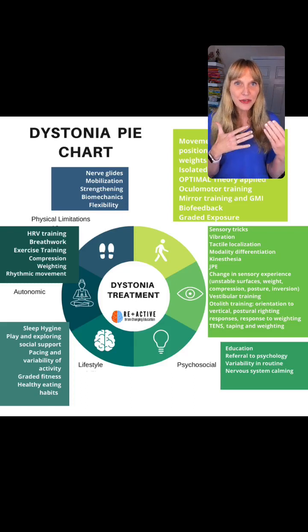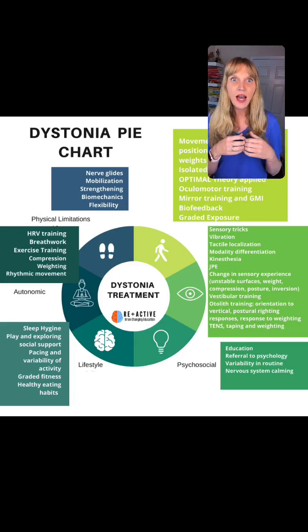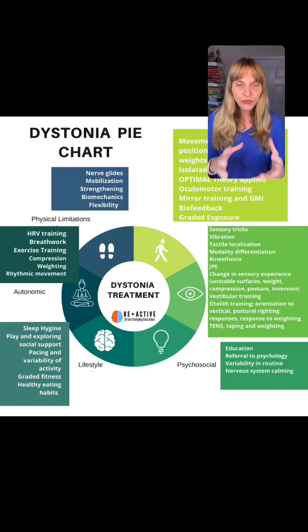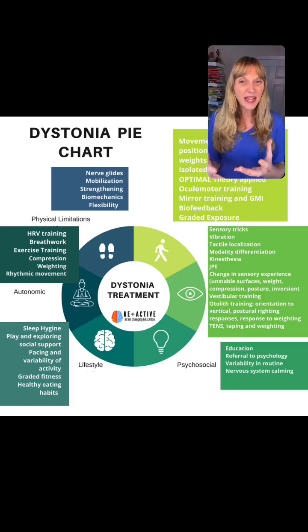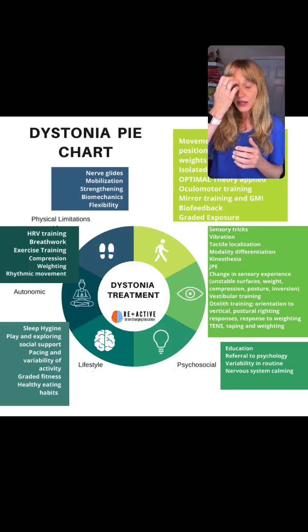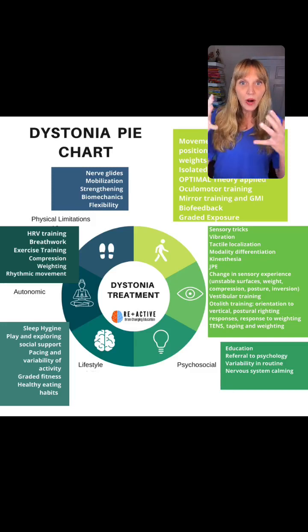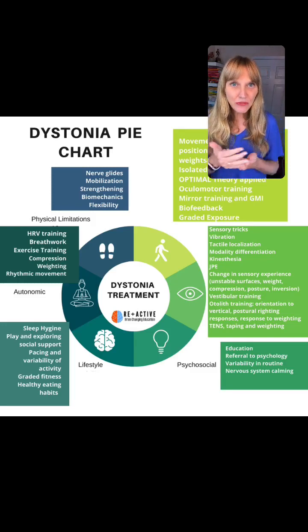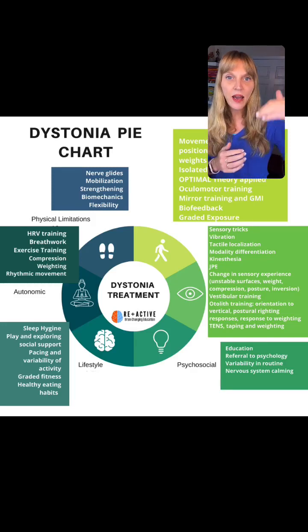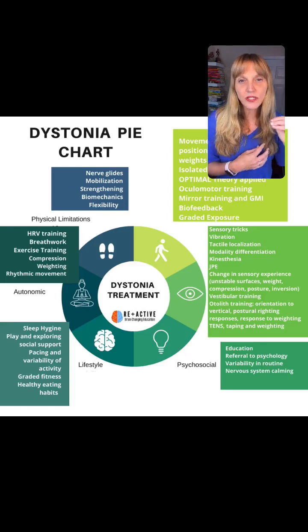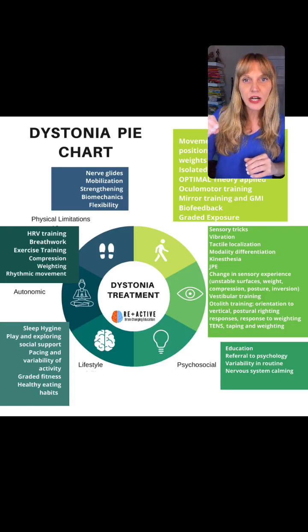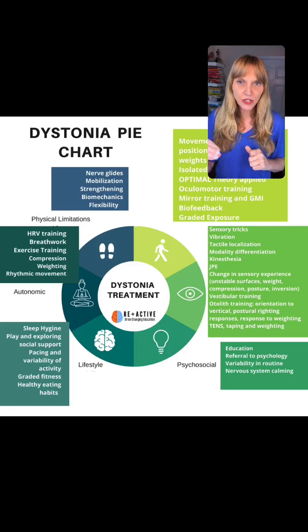And you'll see, if you have heard about our framework before, this is our approach to neurorehabilitation, and it's our approach to understanding some of the mechanisms that may underlie the onset of dystonia, which is then why we want to go down to those pieces from a treatment standpoint. Top to bottom, on the right hand side, we have motor control, sensory, psychosocial pieces, lifestyle, autonomic, and physical limitations.